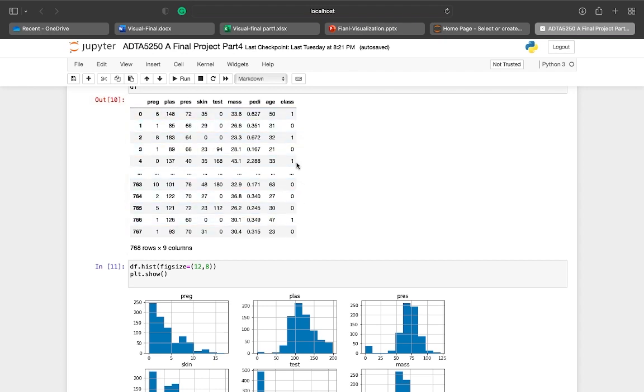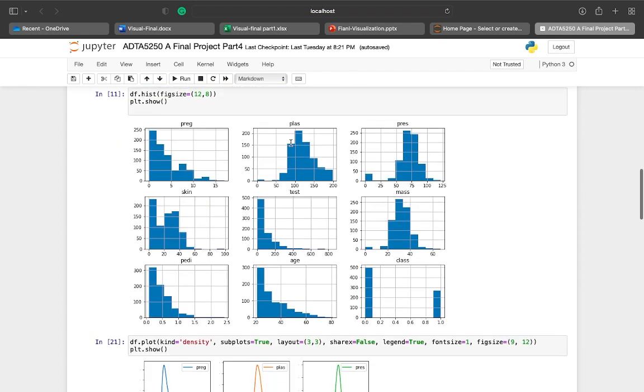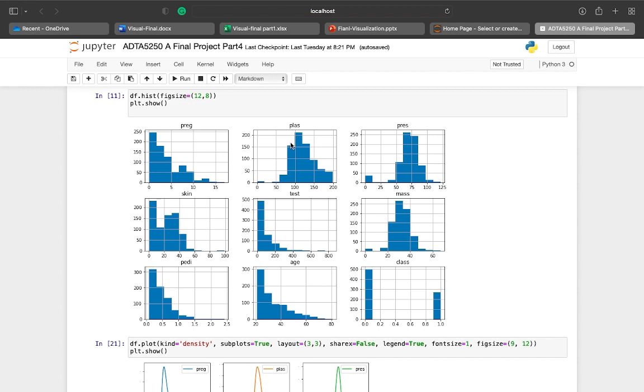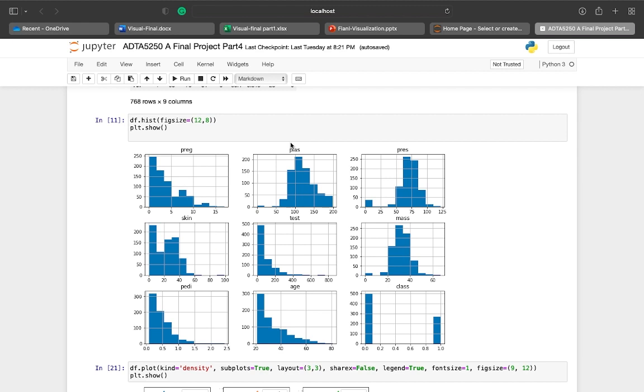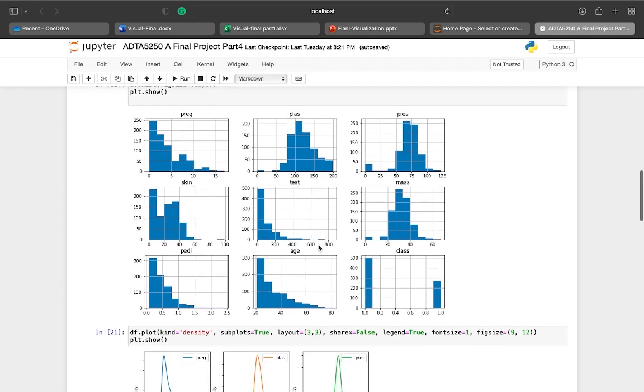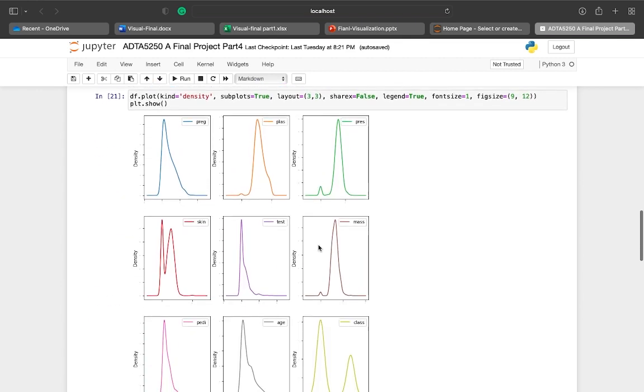Also we put that. Okay, and then we're going to visualize by using Python to do the data visualization using a histogram. Each variable over here, they have 9 variables. And then the density plot.